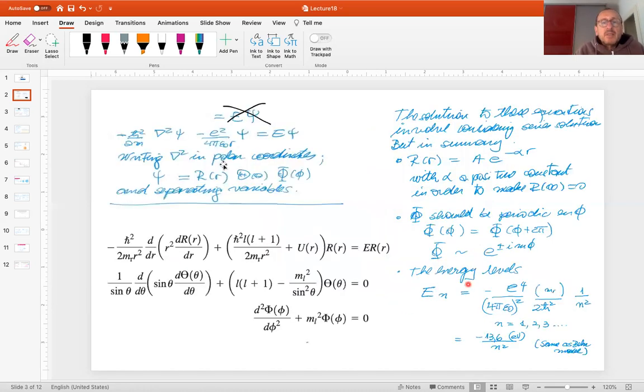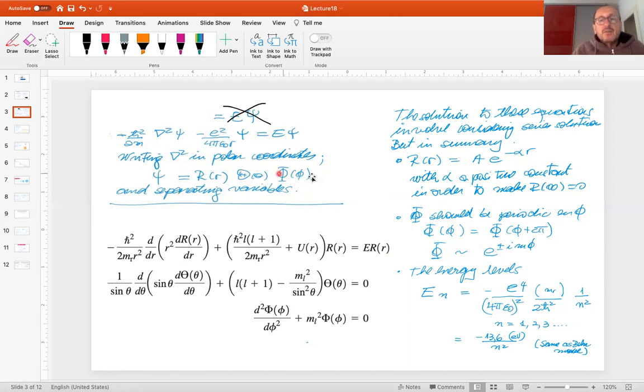Okay, and not only that. I not only write the nabla square, but I also use separation of variables. I said, look, the same thing that I did with the system with the square well in 3 dimensions. What did I do? I said phi is equal to X of x, Y of y, and Z of z.